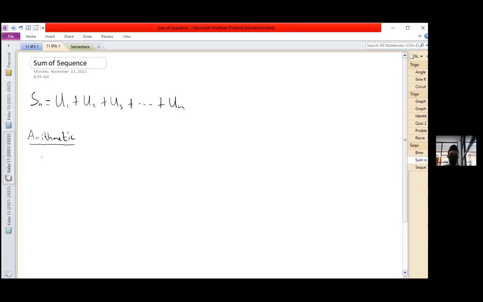So we start with something like this. Sn, the sum of the first n terms, is U1 plus U2 plus U3 and so on. Because this is arithmetic, U1, the first term, is just a.